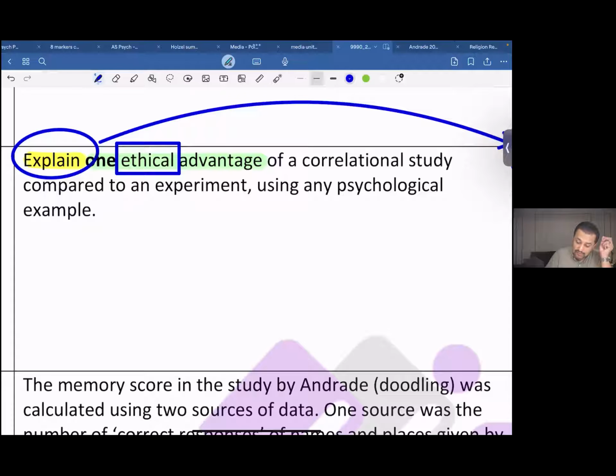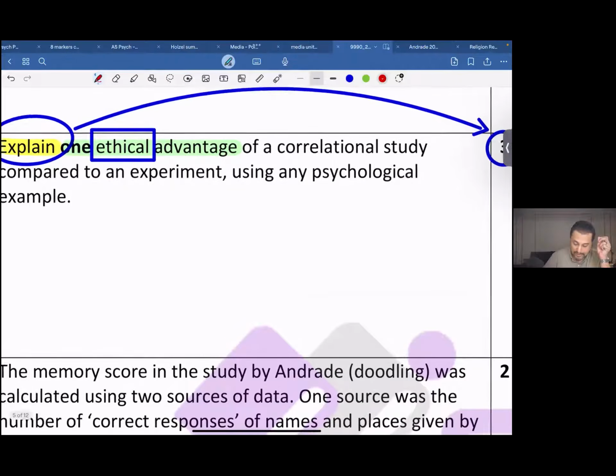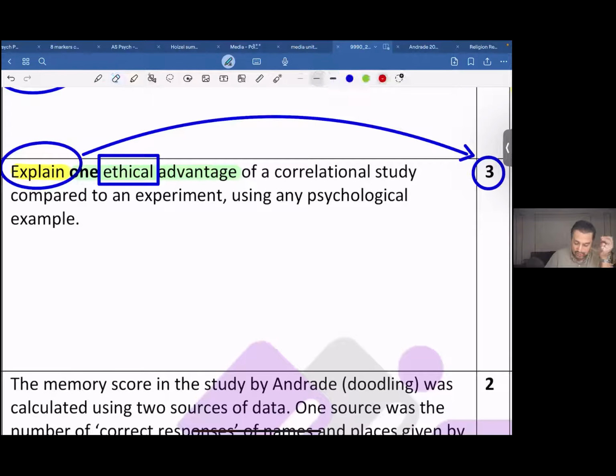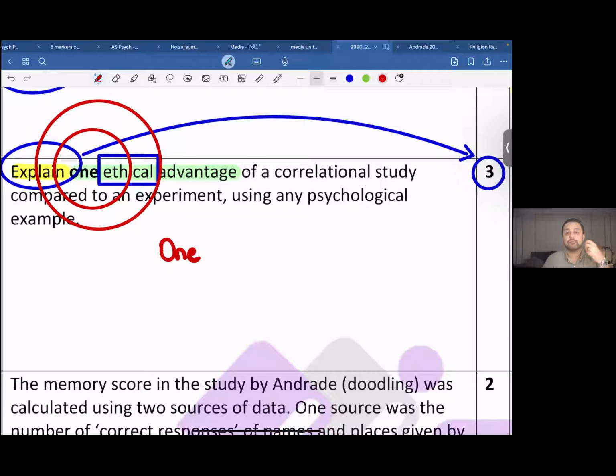If I speak about the typical mistakes I usually see students making: the paper setter has been very clear that they need one ethical advantage. So if they're asking for one advantage, please do not try writing more than one.